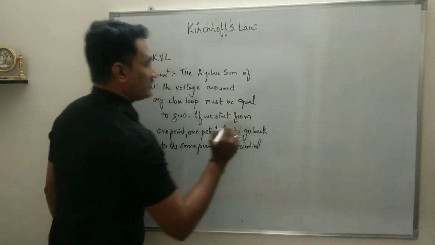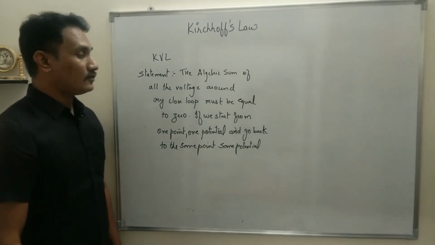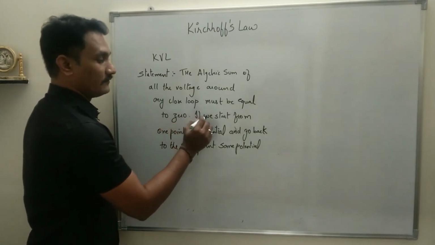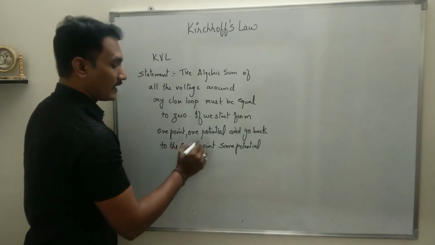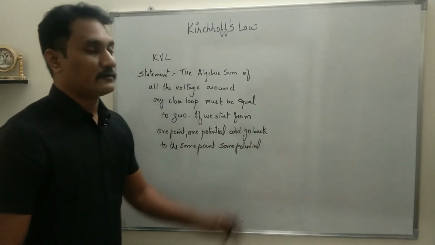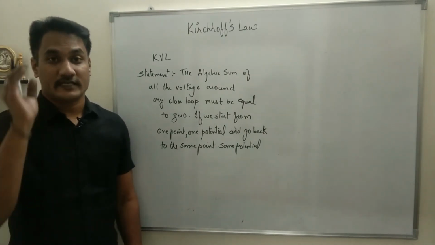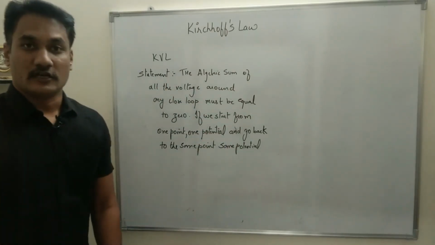So what it says is the algebraic sum of all the voltage around any closed loop must be equal to 0 if we start from one potential and go back to the same point, same potential. Of course, we will take one electronic circuit so that we can clear our thoughts regarding what Kirchhoff's voltage law states.